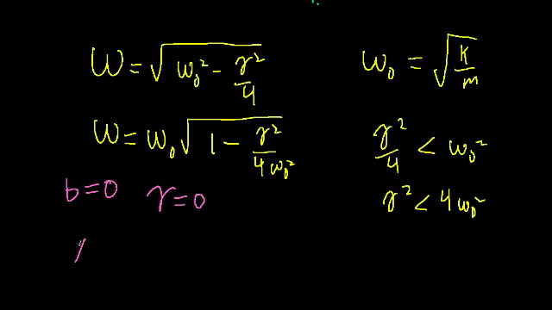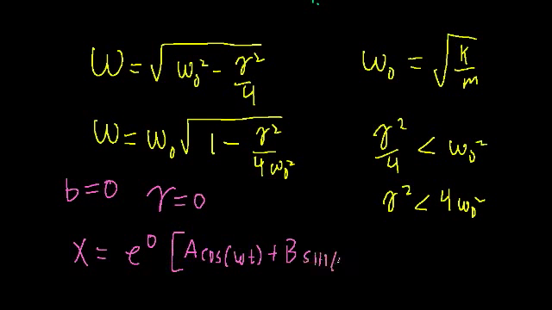So our solution would be x is equal to e to the negative gamma t over 2, which is just going to be e to the 0 power, times a cosine omega t plus b sine omega t. And we know that e raised to the 0 power is just 1, so we get the typical solution like before.